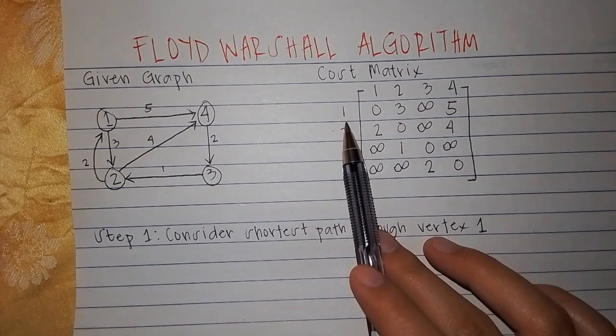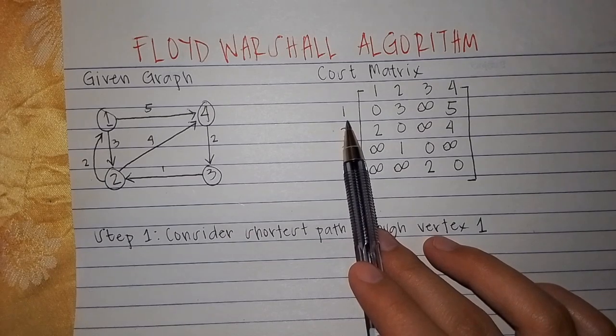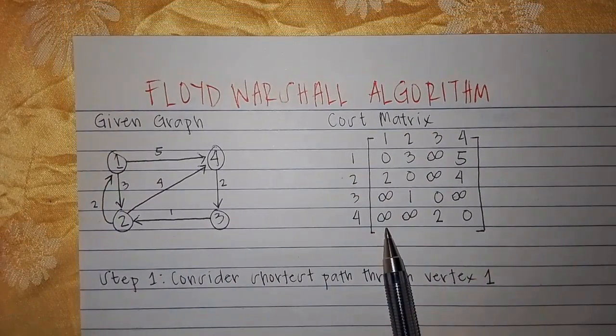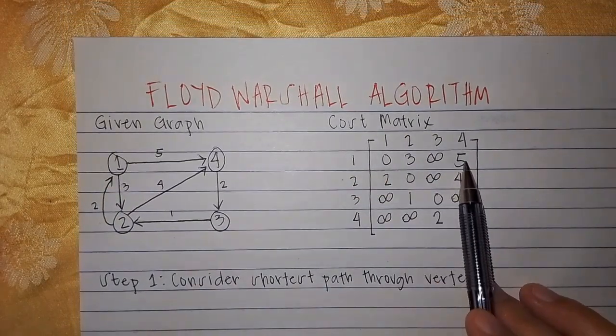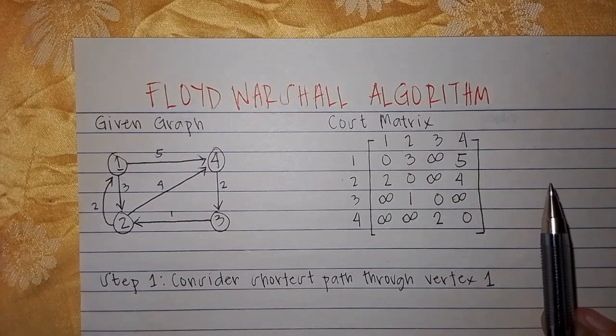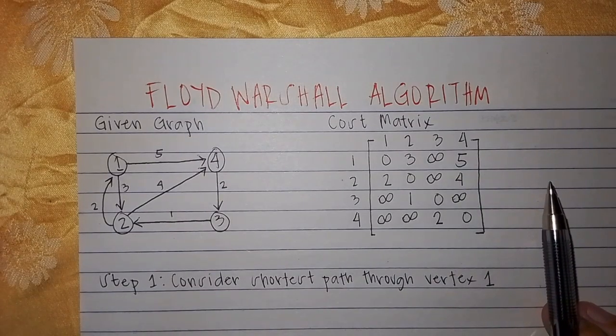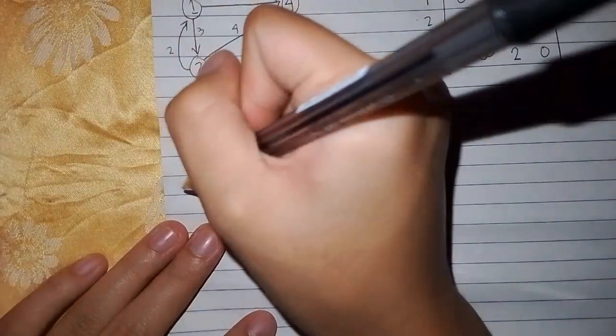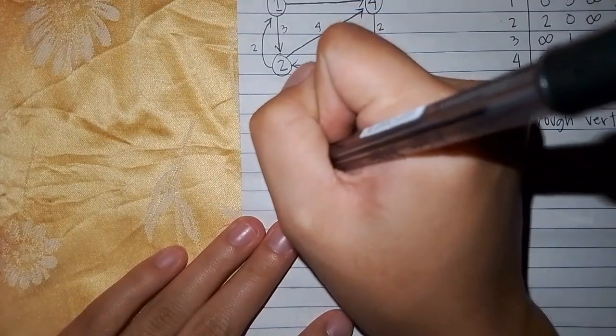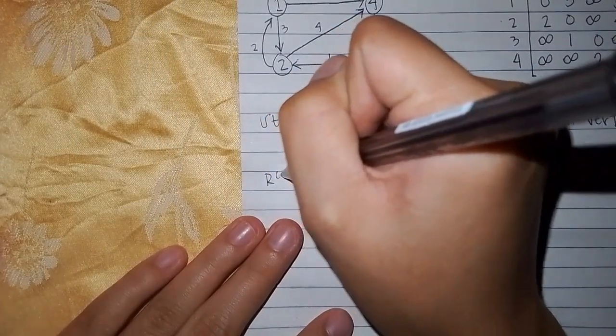Since we are considering the first vertex as the intermediate vertex, we are not going to disturb the first row and column values. As it is, we need to keep this.